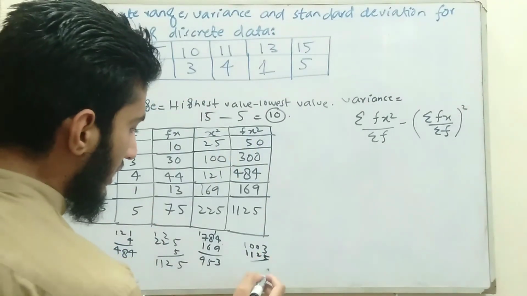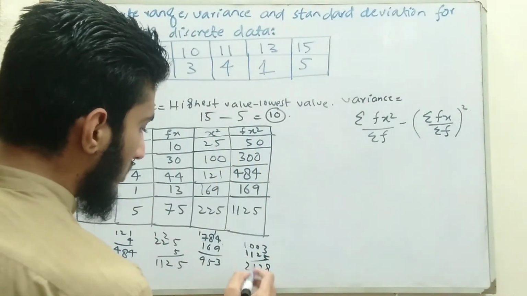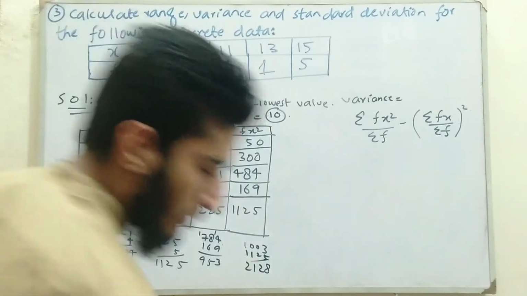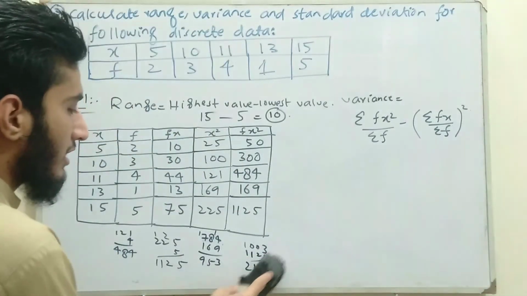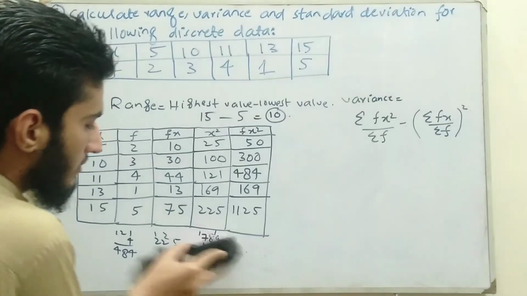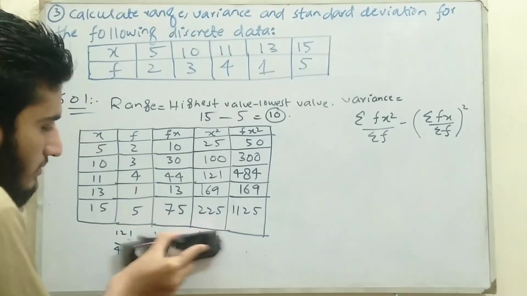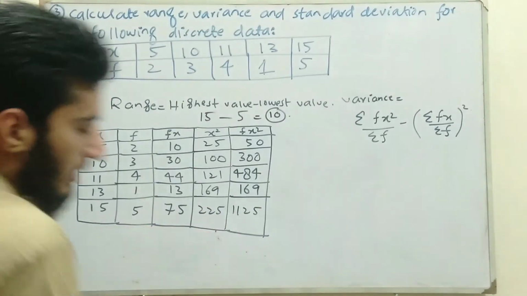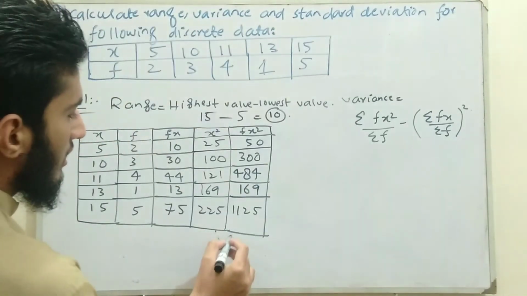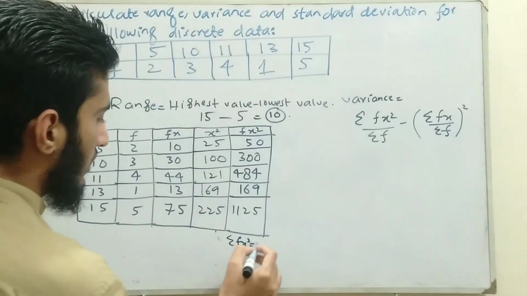So the required summation of f of x square is 2128.